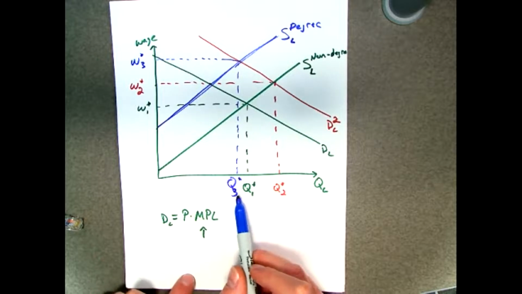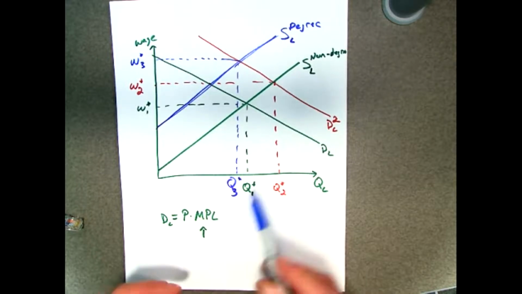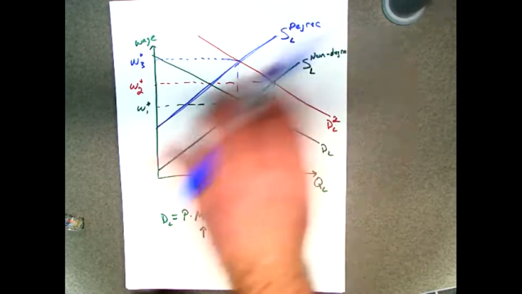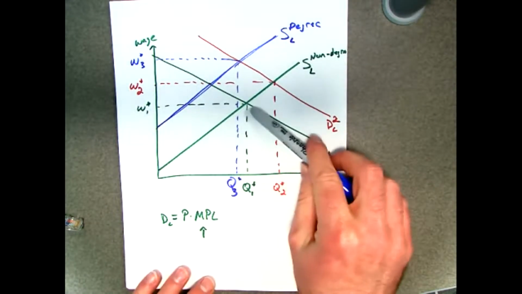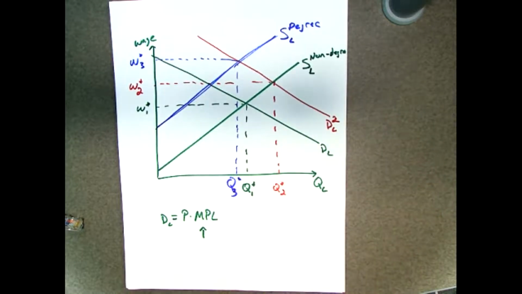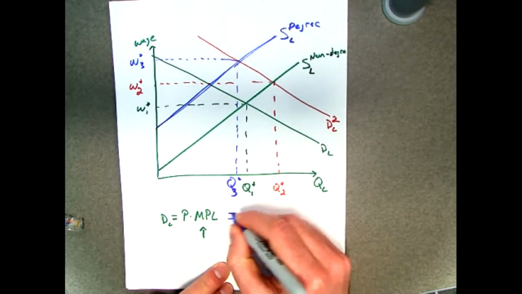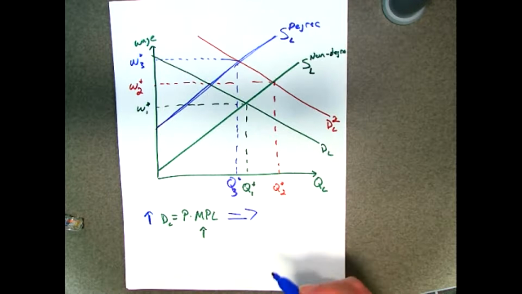It's not necessary that we will have fewer workers with a degree versus non. It depends on the size of these shifts. So this goes all the way back to supply and demand shifts. Notice the demand shift.